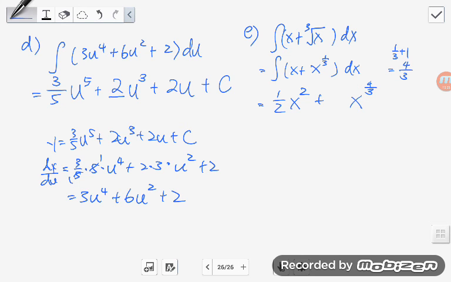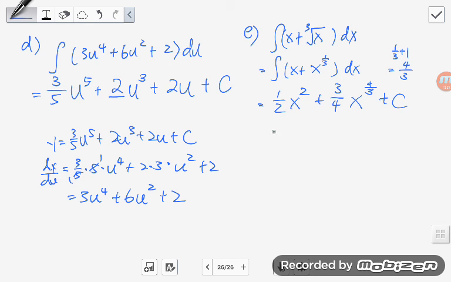However, my coefficient right now is 1, and if I differentiate this, the power is going to come down and I won't get a 1. So I need to make sure that I multiply by the reciprocal of that power. So I'm going to have 3 over 4. And finally, the plus c.